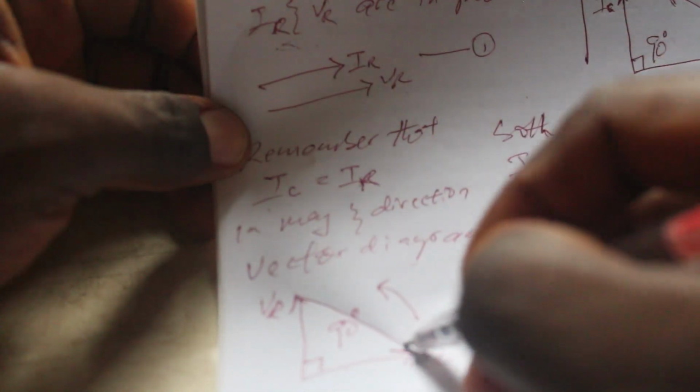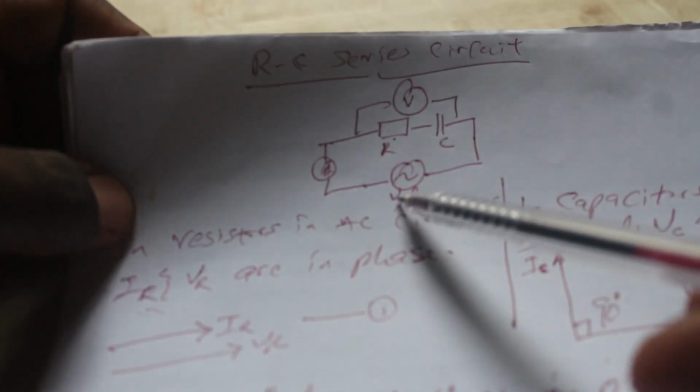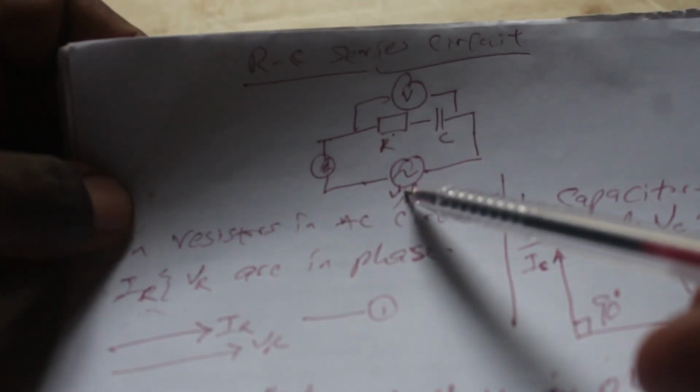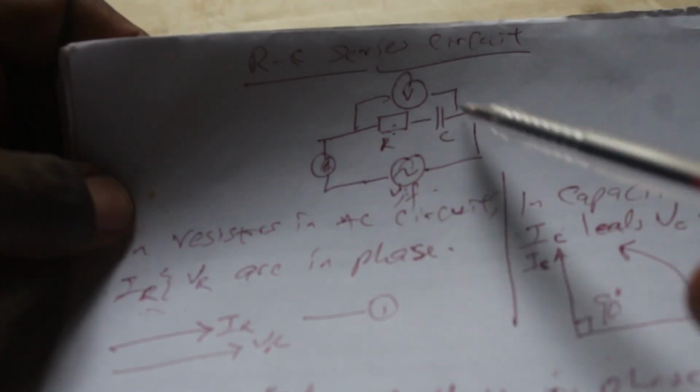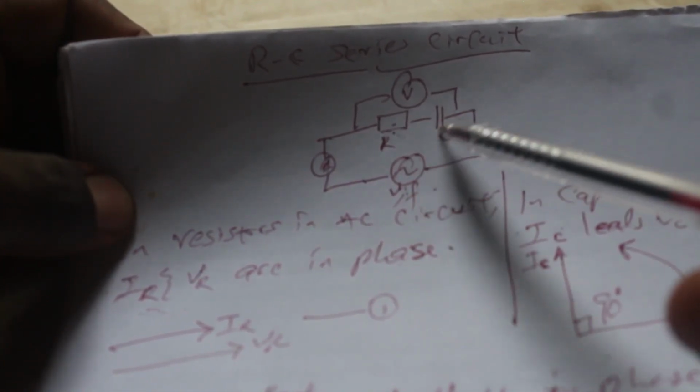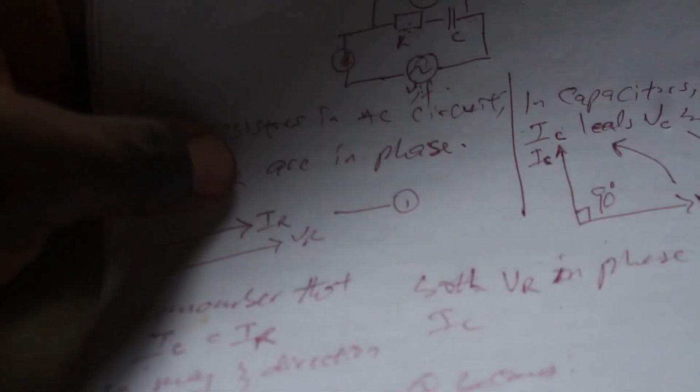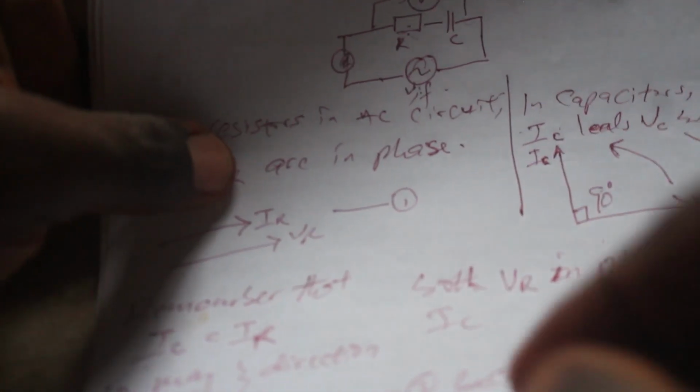Now remember, the voltage of the source here is a sum of the voltage across these two components, the resistor and also the capacitor. So if we have to find the addition of the two, we use vector addition.